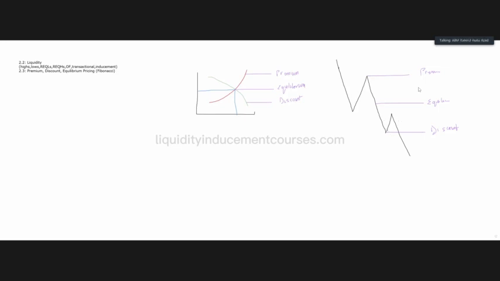So can you count how many times price comes and messes up your premium and then drops? A lot. Does price come to premium and drop? Yes, it does. Right? But that is not objective.